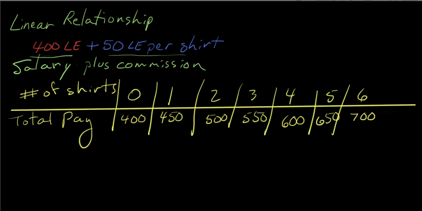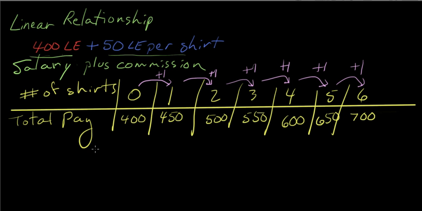And take a look at what's happening here. You notice that every time I jump up a notch here, I add 1. Add 1, add 1, add 1, add 1, and add 1.